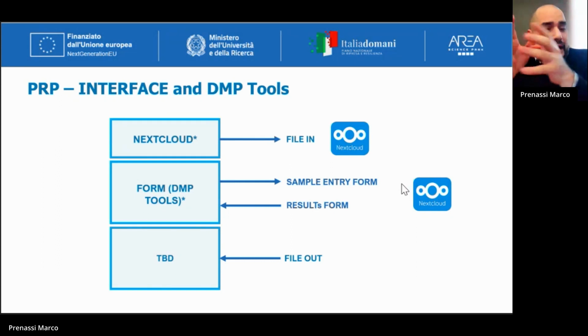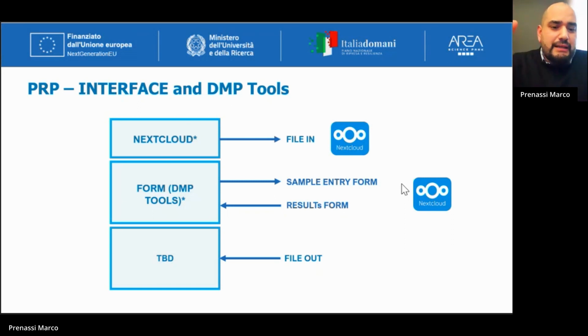So it's really basic. For now, it has a form tool, a questionnaire tool where you put your initial data with the initial experiment, and also an exit form where you put your results, what you have done, what data you have created.